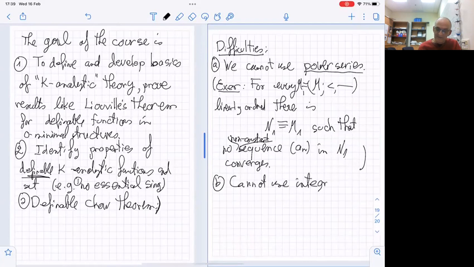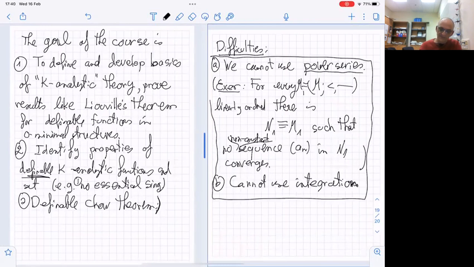Well, at least the classical integration also will require, if you do it via Riemann sums or Riemann integration or similar integration, you cannot hope for these sums to converge for the same reason, to have a limit in this general model theoretic setting. So the two most important tools that you've seen in complex analysis are out of reach for us.